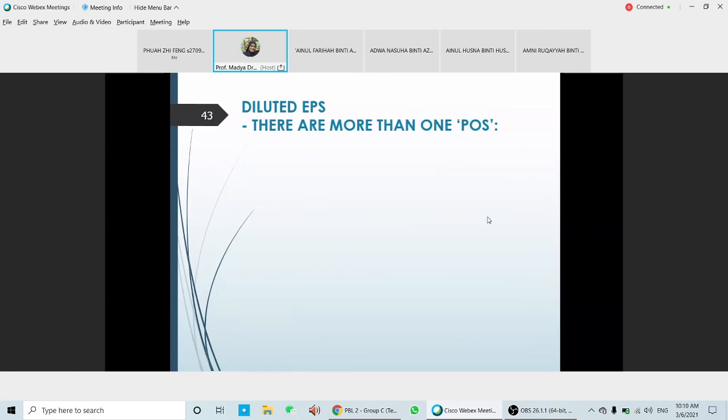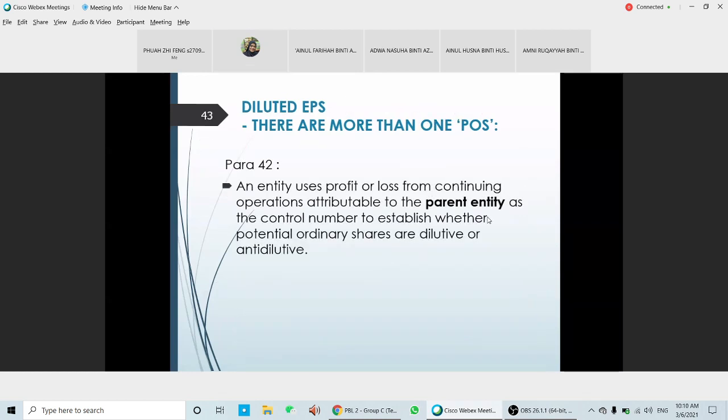If you have more than one potential share, the entity uses profit or loss from continuing operations attributable to the parent entity as a control number to establish whether the ordinary shares are dilutive or anti-dilutive.